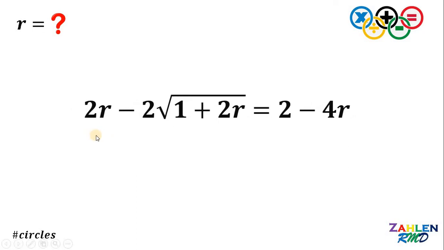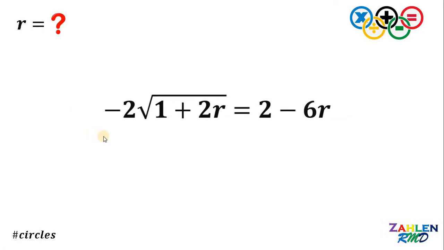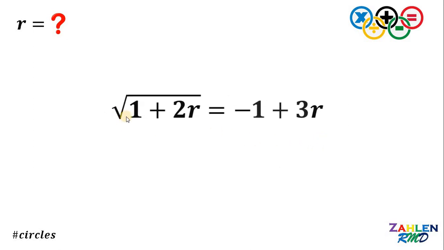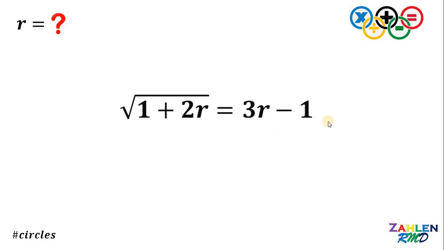Now, subtract 2r on both sides. So, our equation now becomes negative 2 times square root of 1 plus 2r equals 2 minus 6r. Since all numerical coefficients are even, we can divide this by negative 2. If we do that, we get square root of 1 plus 2r equals negative 1 plus 3r. Now, negative 1 plus 3r can be written as 3r minus 1.